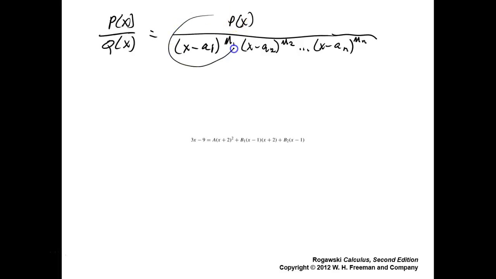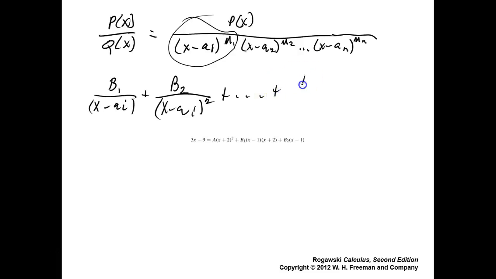So for this one factor, it would be B1 over x minus a sub i to the first power, plus B2 over x minus a sub i to the second power, plus dot dot dot, plus b sub m_i over x minus a sub i to the m_i power, because that's how many powers you have of that factor.